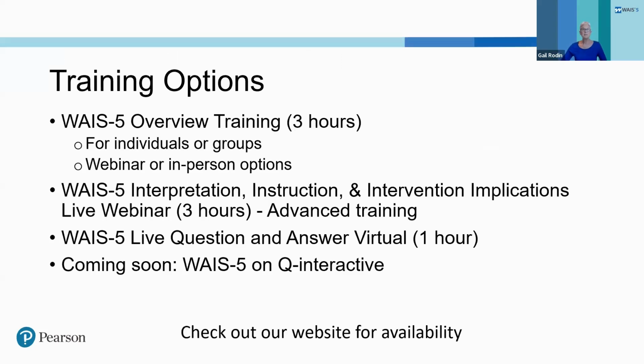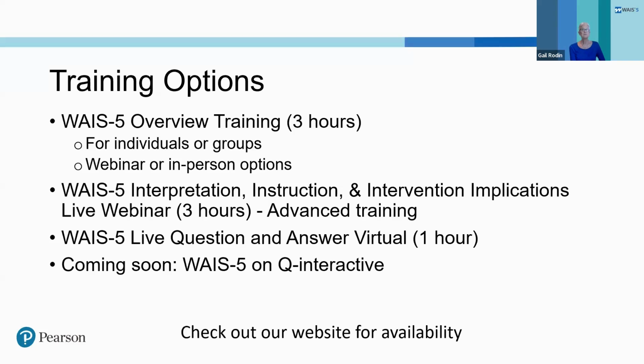Let's talk a little bit about training options. We have a 3-hour WAIS-5 overview training that will take you a lot deeper than this overview. We have options in this for both individuals or groups. We have per seat availability. That is, you can sign up as an individual for this for $99.